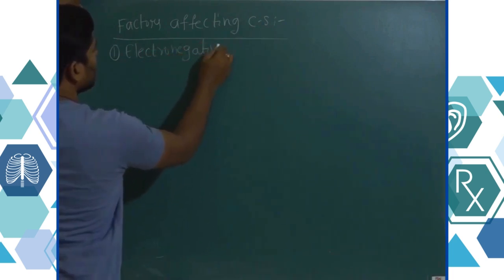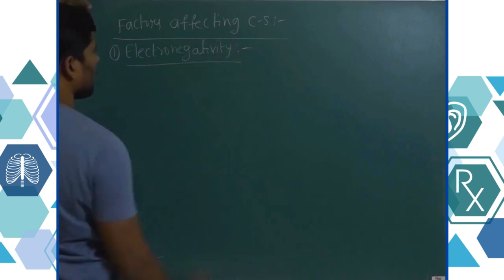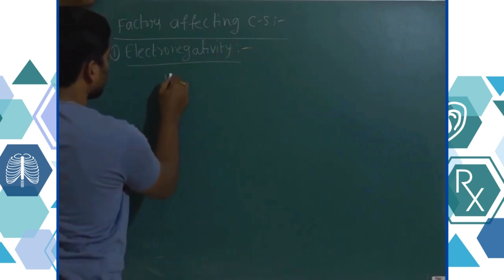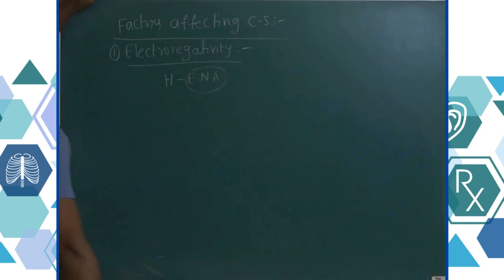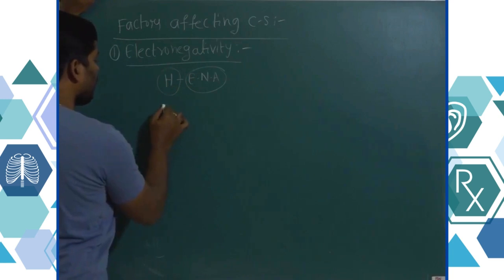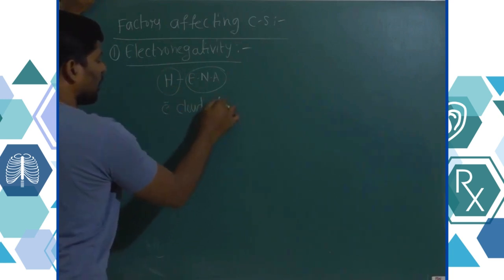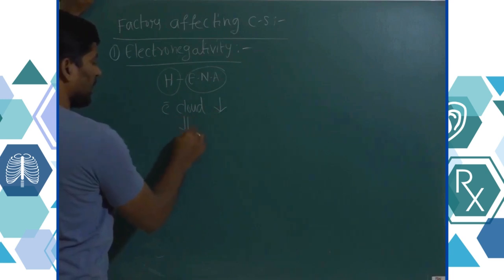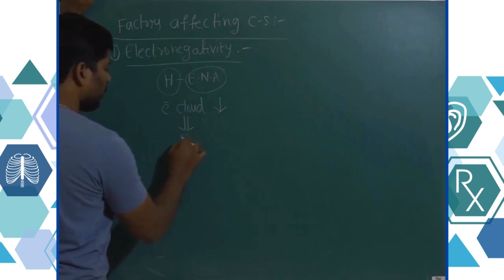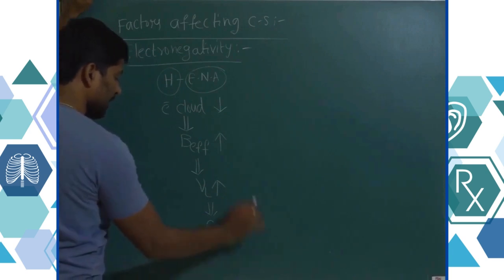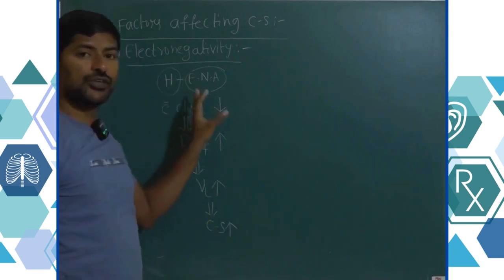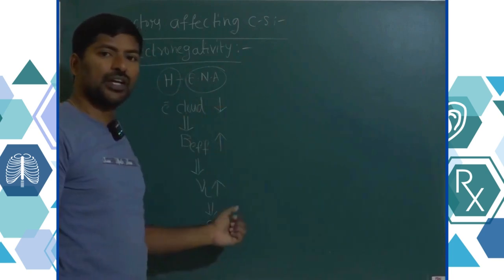If a proton is attached to an electronegative atom or electron withdrawing group, then what happens to the electron cloud around the nucleus? The electron cloud around the nucleus decreases. Whenever the electron cloud around the nucleus decreases, the effective magnetic field felt by the nucleus increases, so the precessional frequency increases, so the chemical shift value increases.